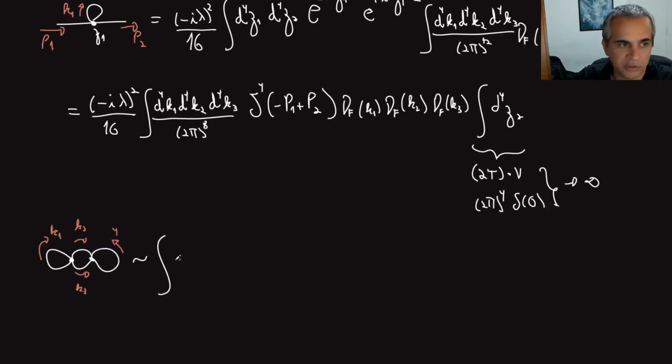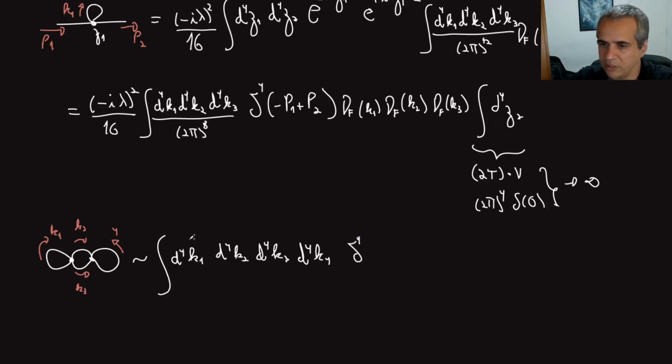This will be proportional to a number of integrals, K1, D4, K2, D4, K3, D4, K4, a number of deltas. You have one integral for each momenta, before imposing momentum conservation, right?